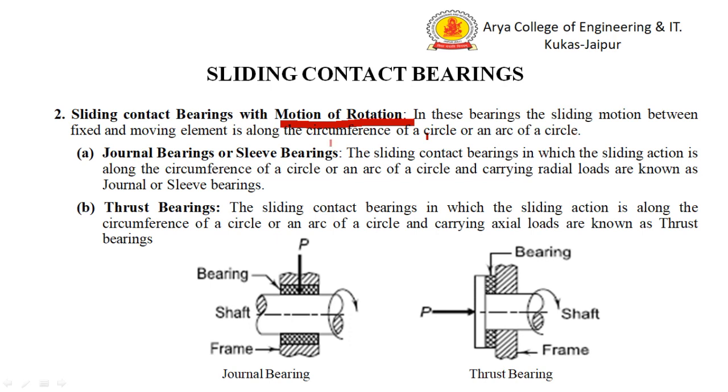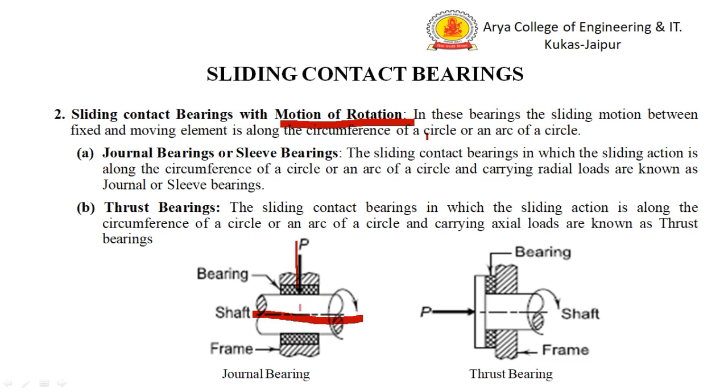It can be either radial bearing or thrust bearing. If it is a radial bearing, it means that load is perpendicular to the axis of the shaft, as we discussed earlier, and also the sliding is along the circumference of a circle.